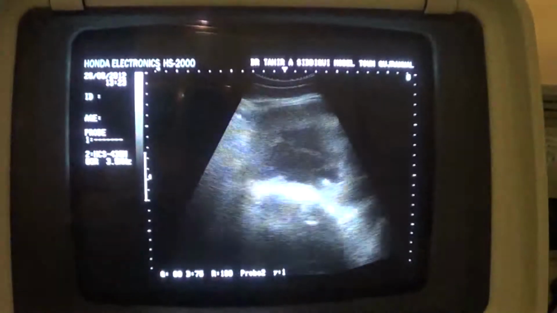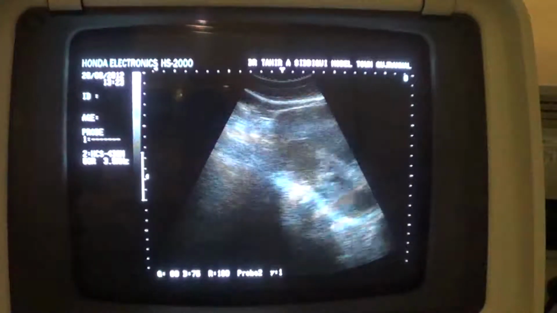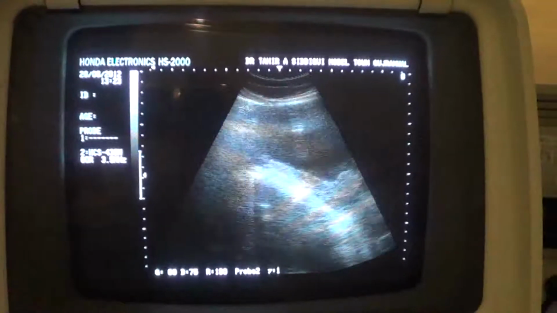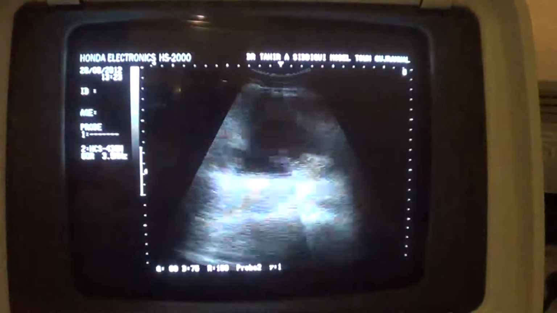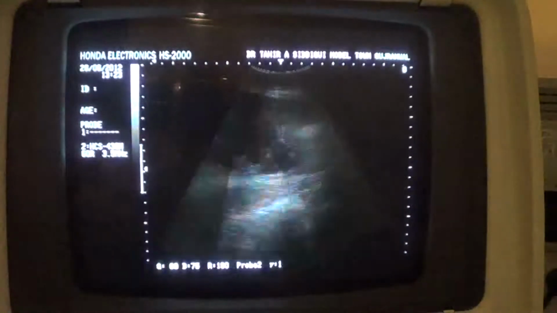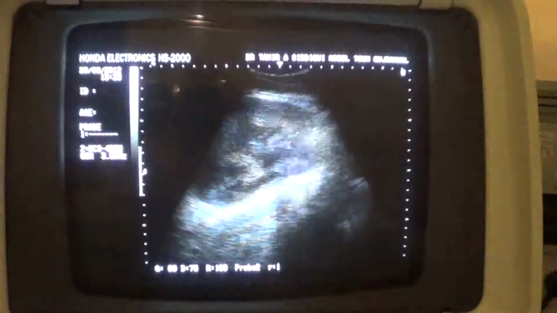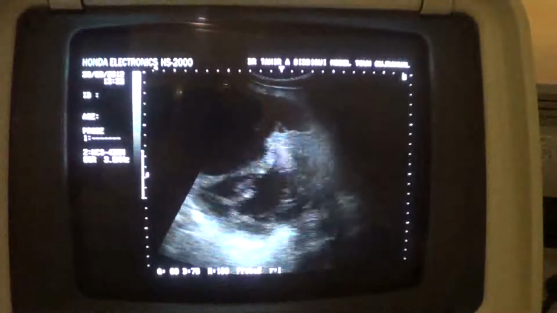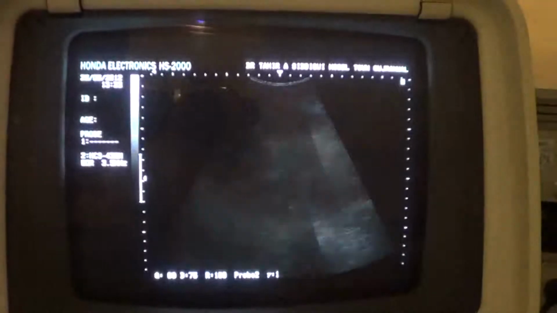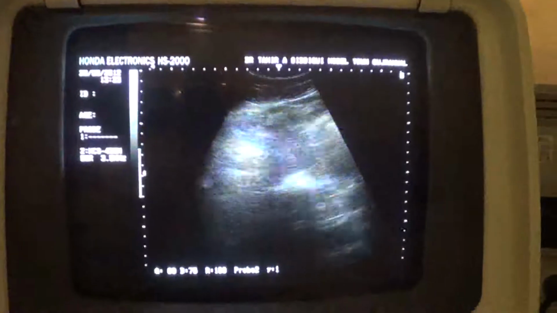This is the longitudinal section, and it is expanding on both sides of the midline. I am showing you now on both sides of the midline.